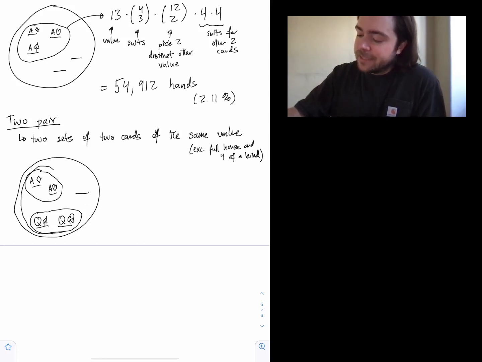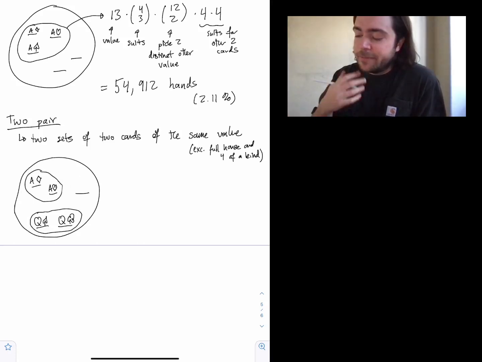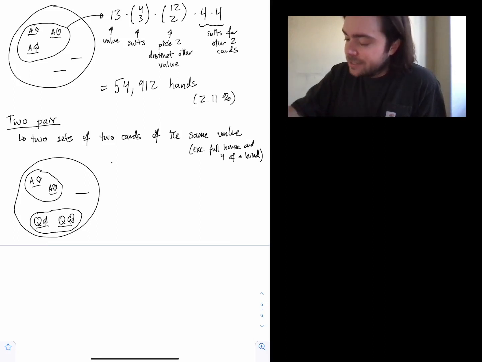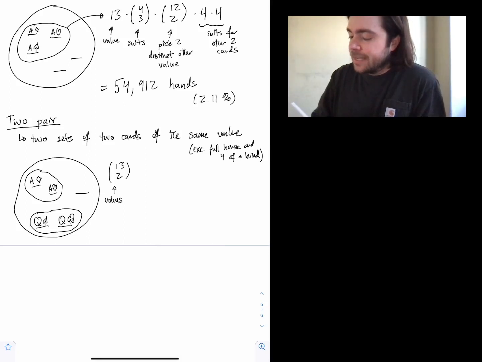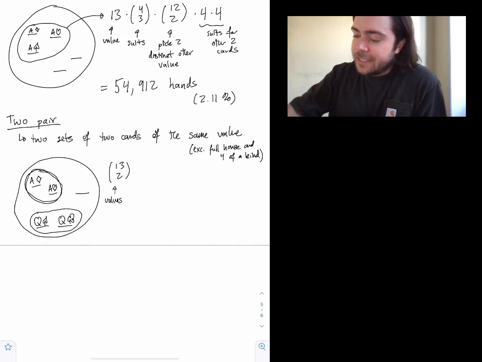If I'm just focusing on which values I could have here, they have to be different values, so I want a subset of size 2 of the 13 values. So that's 13 choose 2. Those are my choices for the values of these 2 pair. And what about the suits? Well, now that the values are different, I'm free to choose any 2 out of the 4 suits for the first value.